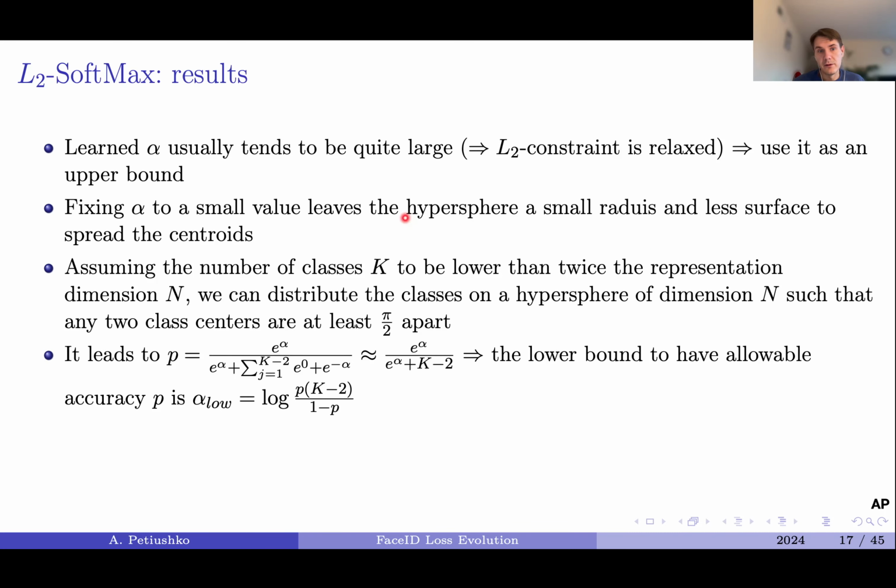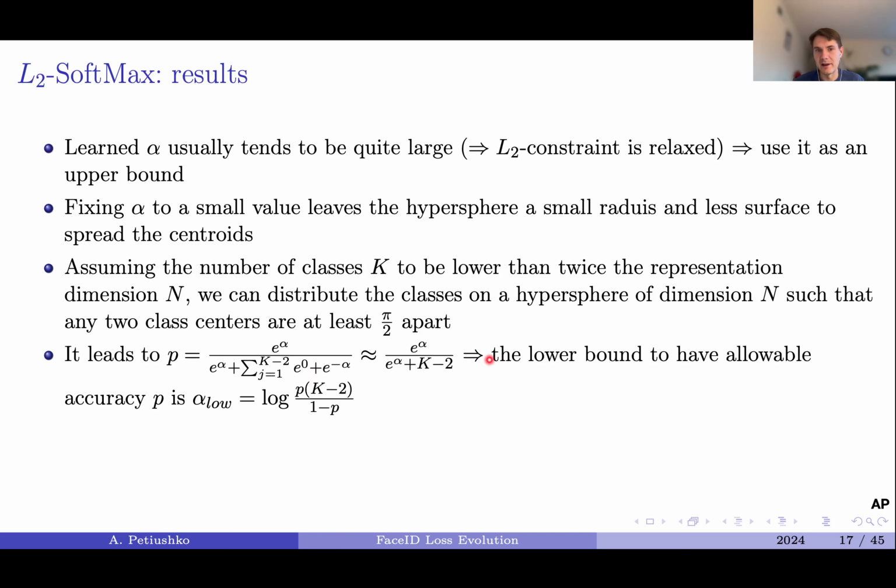And this would lead to our softmax probability, so we can find this quite simple formula. When classes are pi over 2 angles apart, the cosine of pi over 2 gives us 0. So here we have k minus 2 times e to the power 0. Also the initial one, e to the power of alpha.